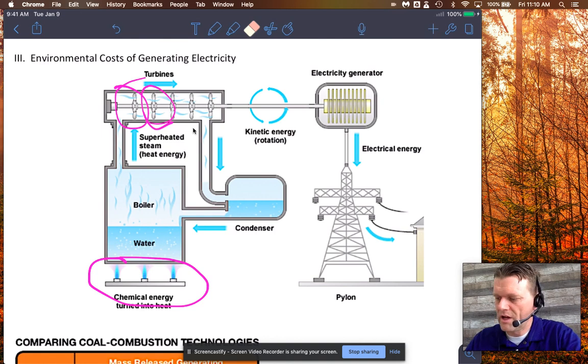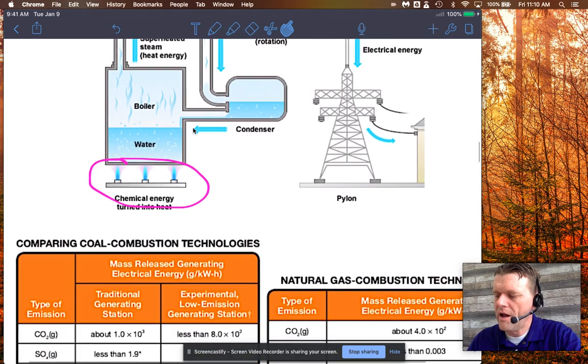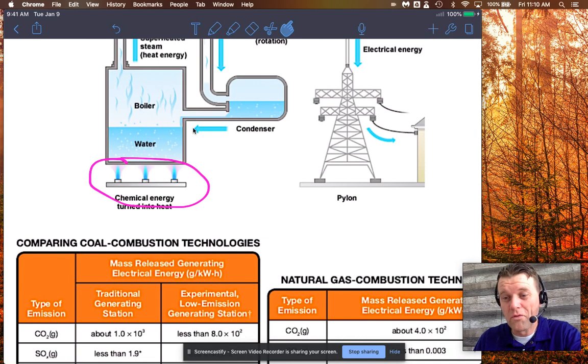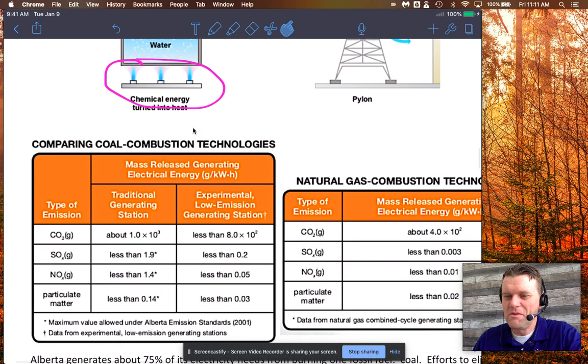In that process, we in Alberta, unfortunately, or fortunately, really, depends on how you look at it, about 75% of all the electricity generated in Alberta, at least according to the textbook source, comes from burning coal. And it's because we have so much of it. We'd be foolish to not harness it, because it's right beneath our feet, and there's a huge supply.